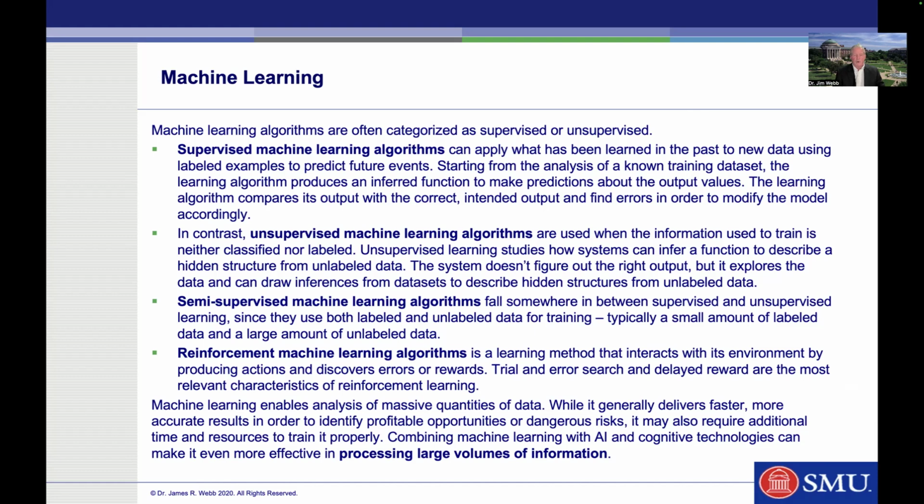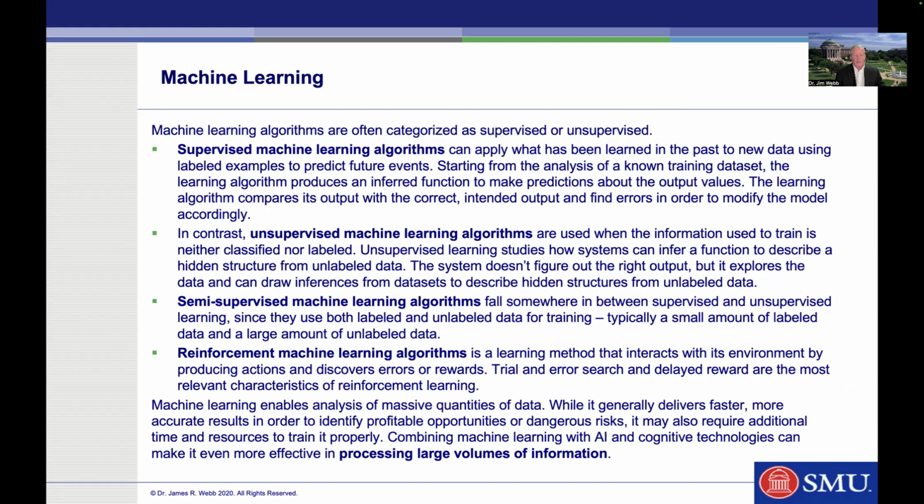Semi-supervised is somewhere between supervised and unsupervised, where we put some labeled data in there, a lot of unlabeled data in there, and just let the algorithm work. And then, of course, reinforced machine learning is where the algorithm interacts with the environment and learns a lot through errors or rewards based upon the outputs. So that's kind of the different ones.